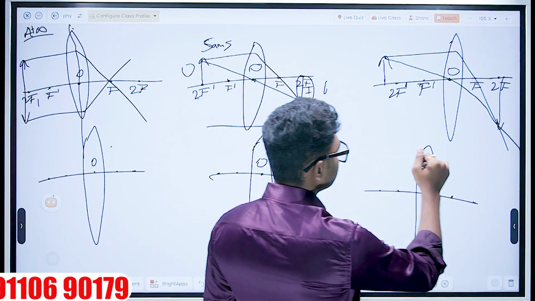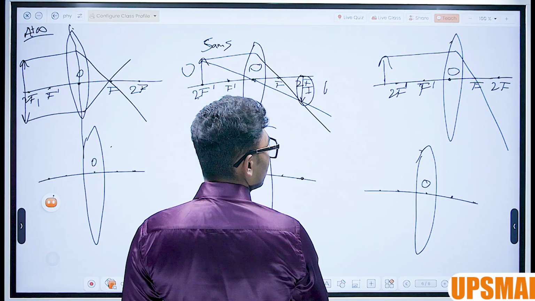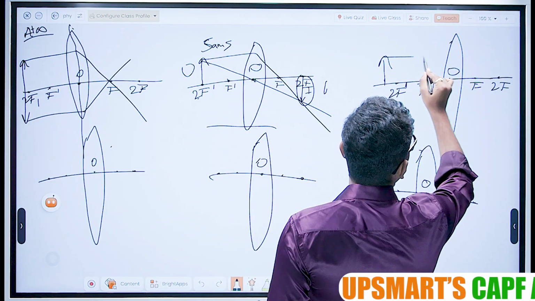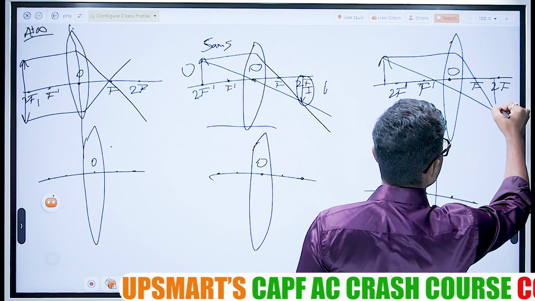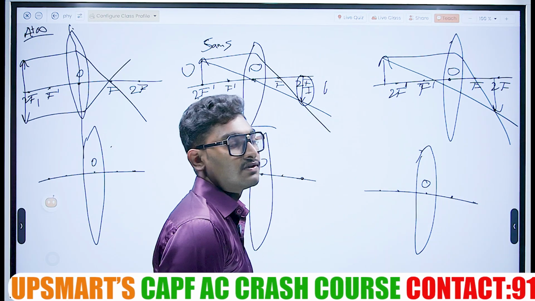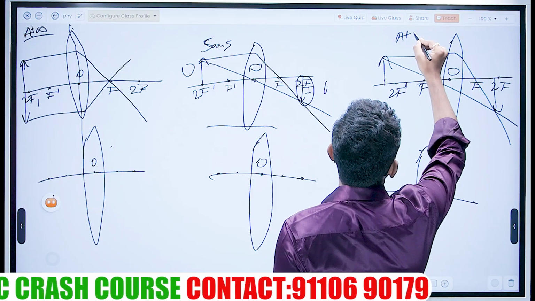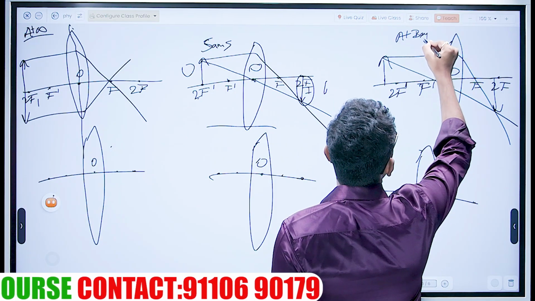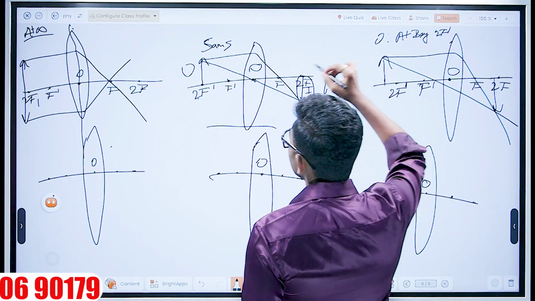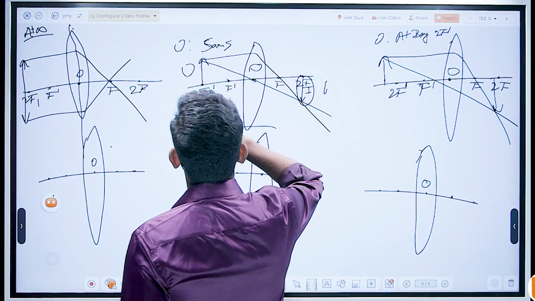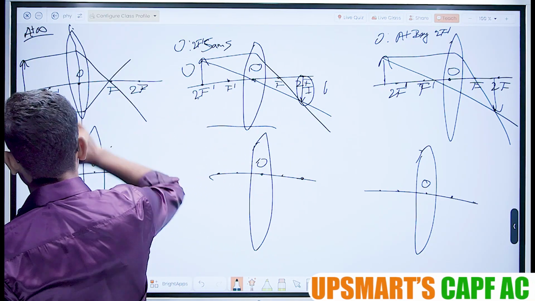When it is between F and C, the image is formed. This is at beyond 2F dash, when the object is beyond, the object is at 2F dash at infinity.